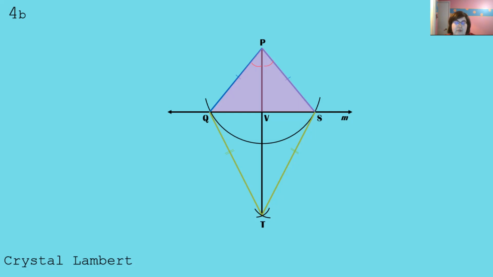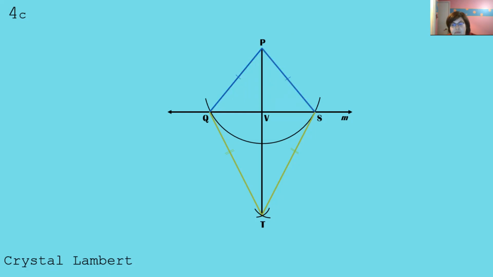that lets us know that angle QPT is in fact congruent to angle SPT. The next thing we're looking at is triangle QPV is congruent to triangle SPV. So what's going on with this one?